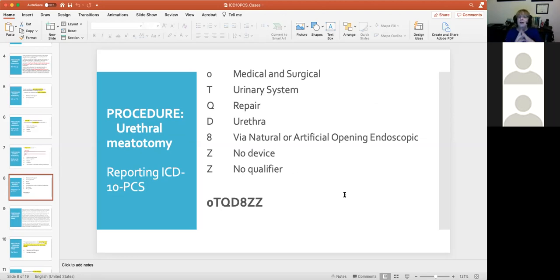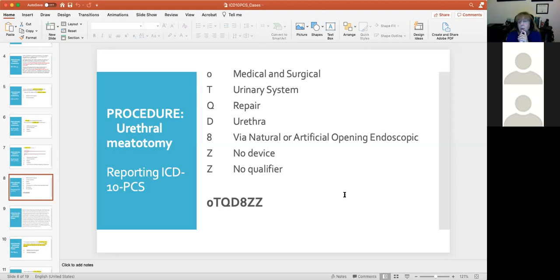Okay. Now, I've got a quick question. Yes, ma'am. Because this is something that'll probably confuse me. I looked up, because you can look up some of the procedures in the front of the book and get the first 3 characters. I looked up urethral meatotomy. It's not in there.